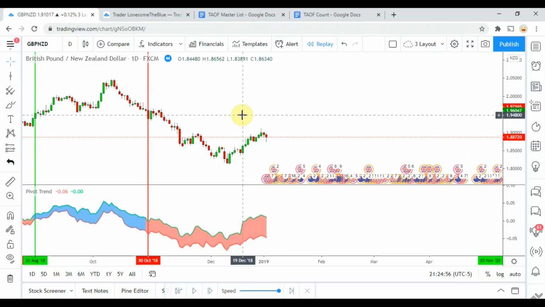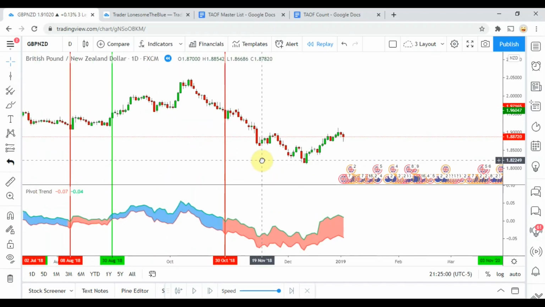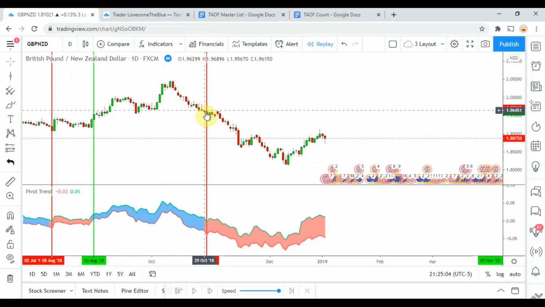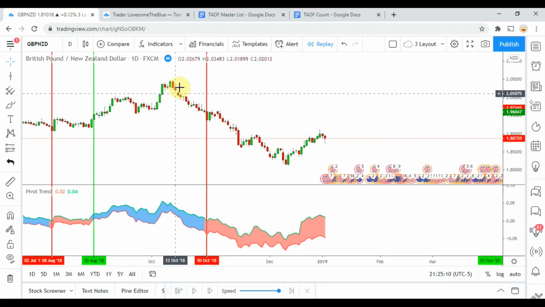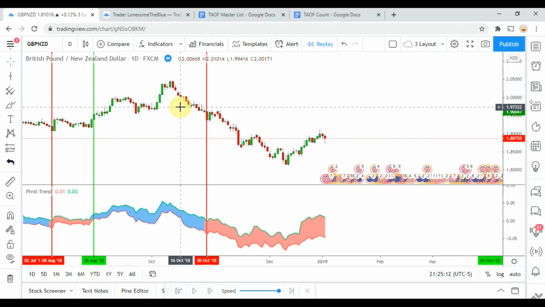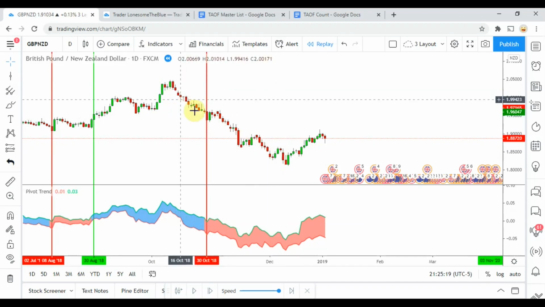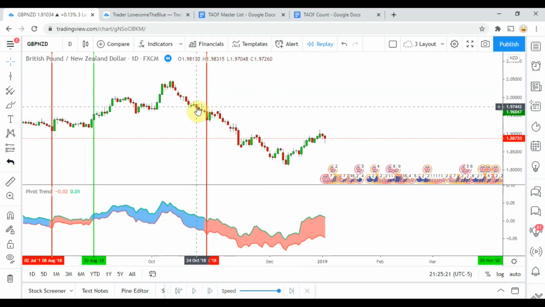And so that wasn't necessarily the case on this one, but you can see that it definitely is not getting us in at any kind of a reasonable time into the new trend. It does seem like it takes quite a while of the trend moving in a direction before it finally picks up a signal.